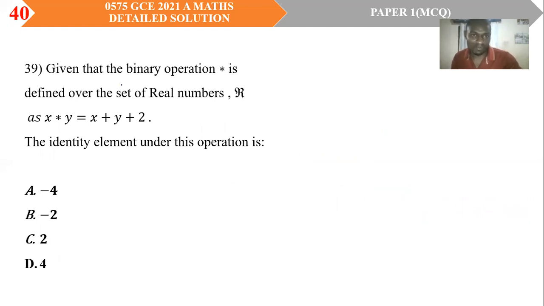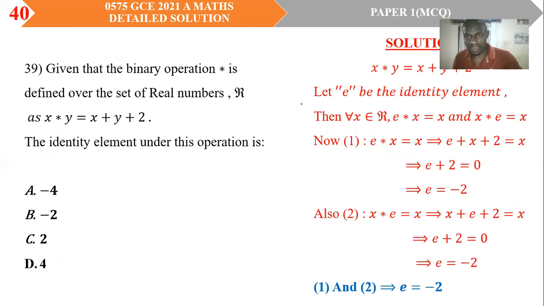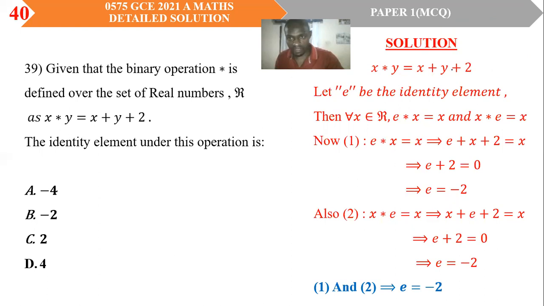Question 39. Given that the binary operation star is defined over the set of real numbers R as x star y equals x plus y plus 2, the identity element under the operation is... Now x star y is equal to x plus y plus 2. Let E be the identity element.